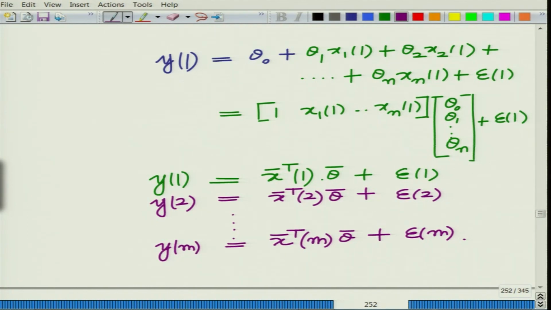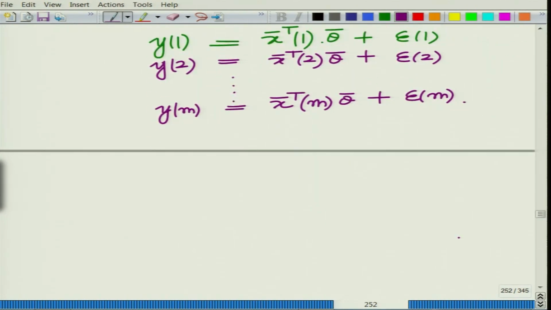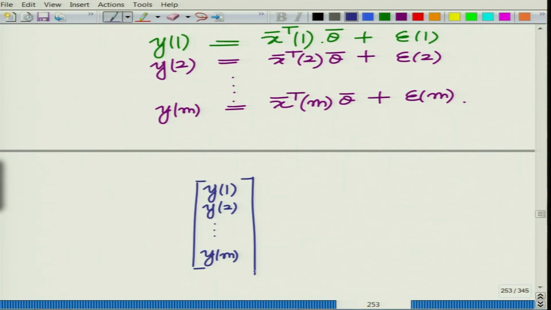So, these are your regression models, or these are basically the corresponding model for the output. So, now you can write this as the vector y1, y2, ym, as we always do, write it in compact vector notation as I have already told you, and this is where the linear algebra comes in.